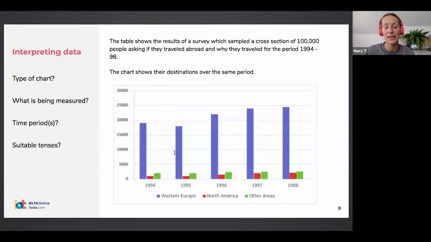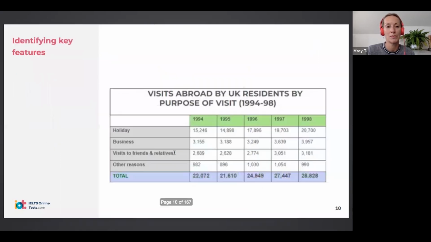Yes, so that's right. So it's the destinations, it's where the people have traveled to. The time period. Yeah, so again, it's the same time period. So it's 1994 to 1998. So which tense would you use for this? Past tense, yeah, past simple. Okay, so it's the same as the previous one.